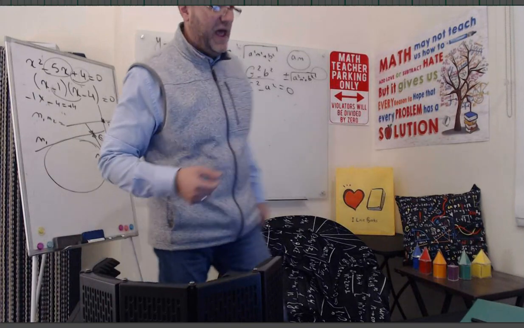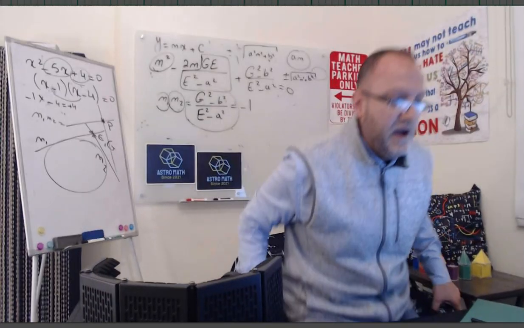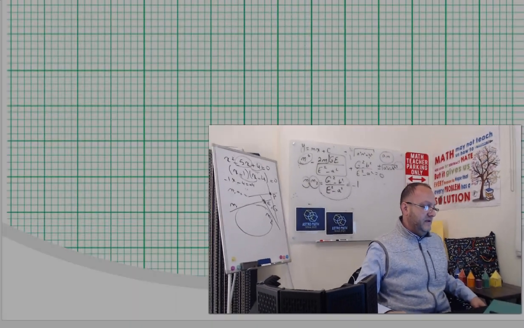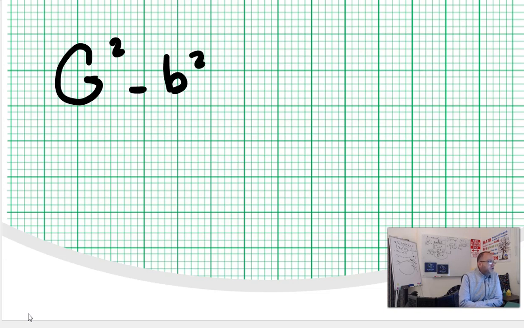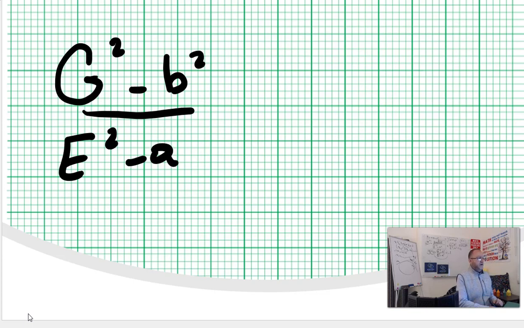Now we can go back to the tablet, because everything after this is very easy, and I can very confidently write that I have G squared minus B squared divided by E squared minus A squared equals minus 1.